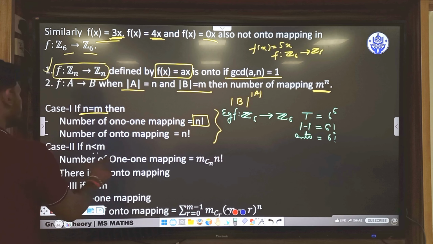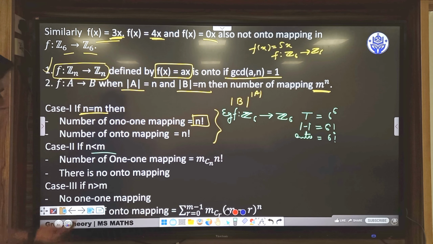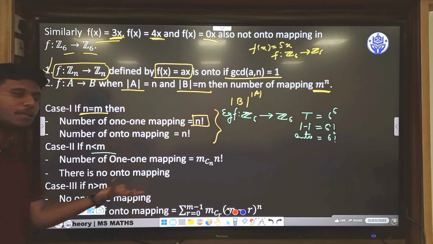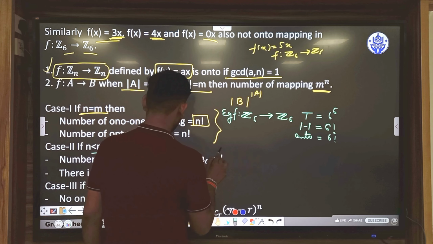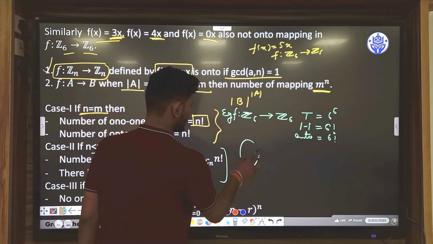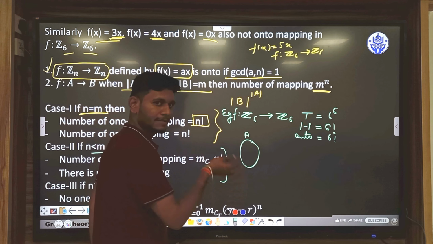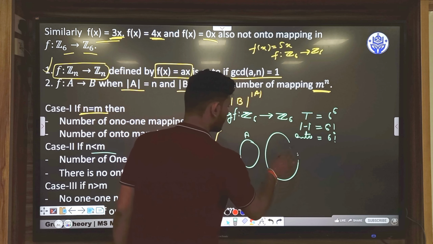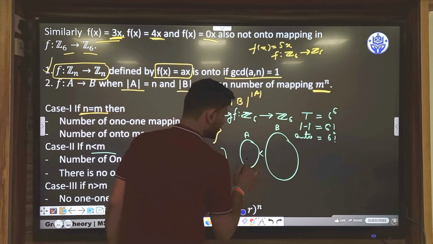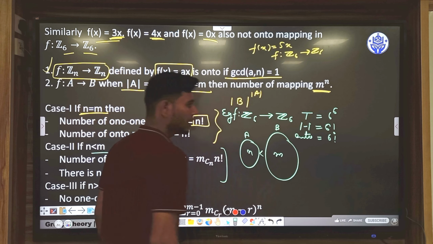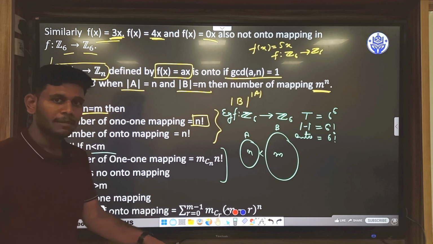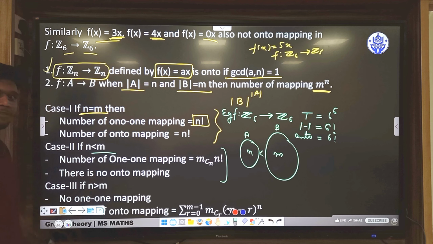Next, if n is less than m, it means my codomain is greater than the domain. Take an example where this is my A, which is a bit smaller than this B. This is n and this is m. Can you expect a 1-1 mapping from here? Yes, we can.